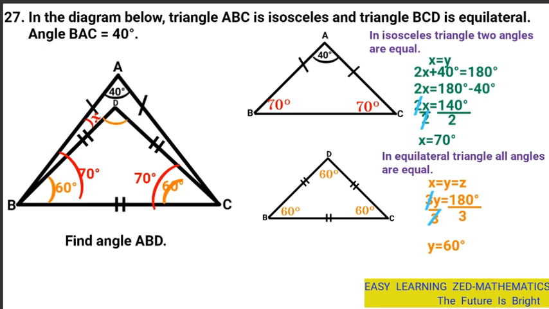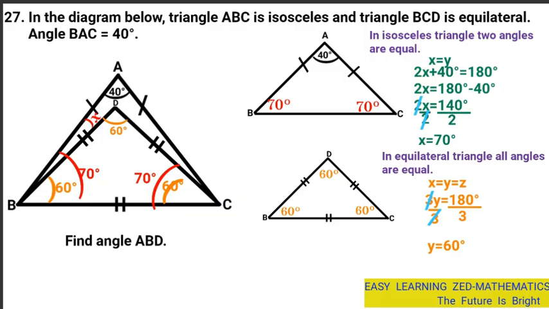So now we have found that the angles in the bigger triangle are equal to 70 degrees, and those in the smaller triangle are equal to 60 degrees.